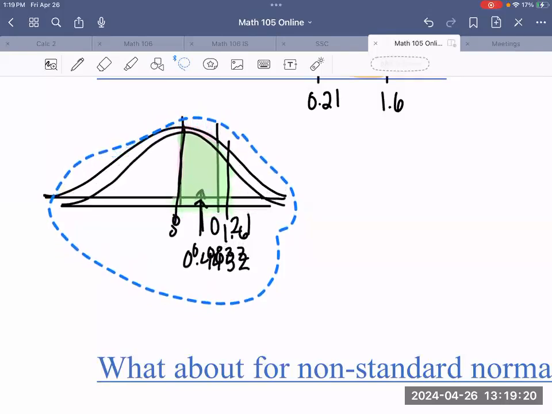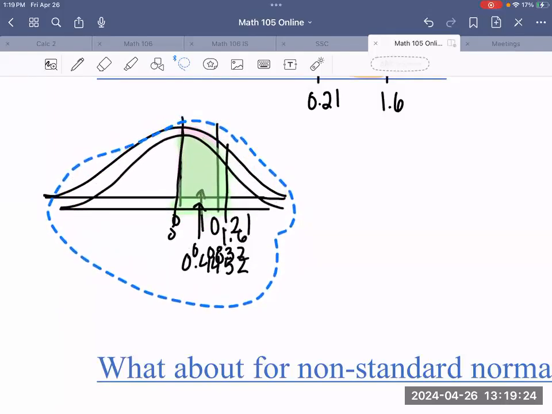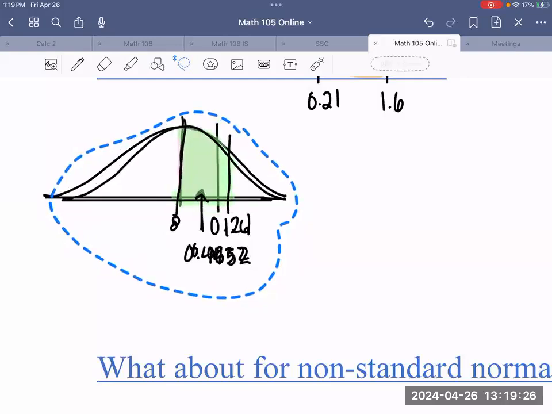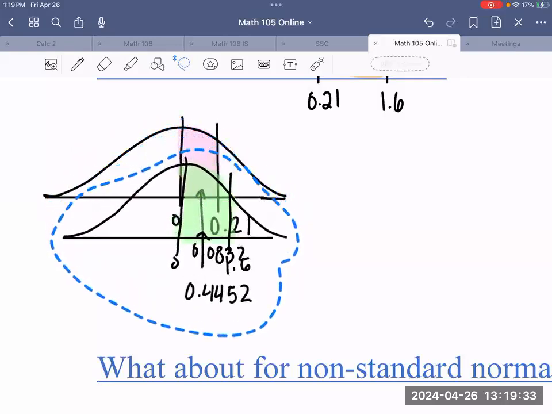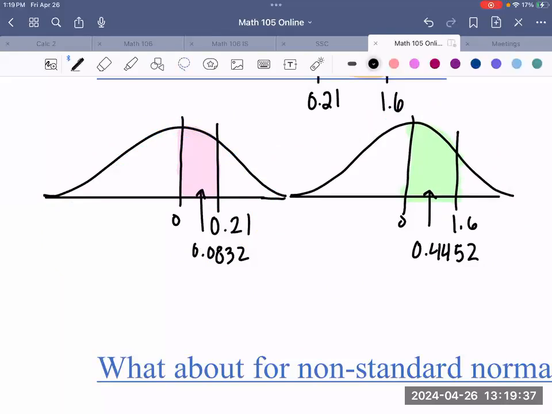What has been double counted in the green section? Well, notice that the pink, because these are the exact same graphs as best I could make it, there's a small overlap, right? It just means that a part of that green also entails the 0.21 amount.